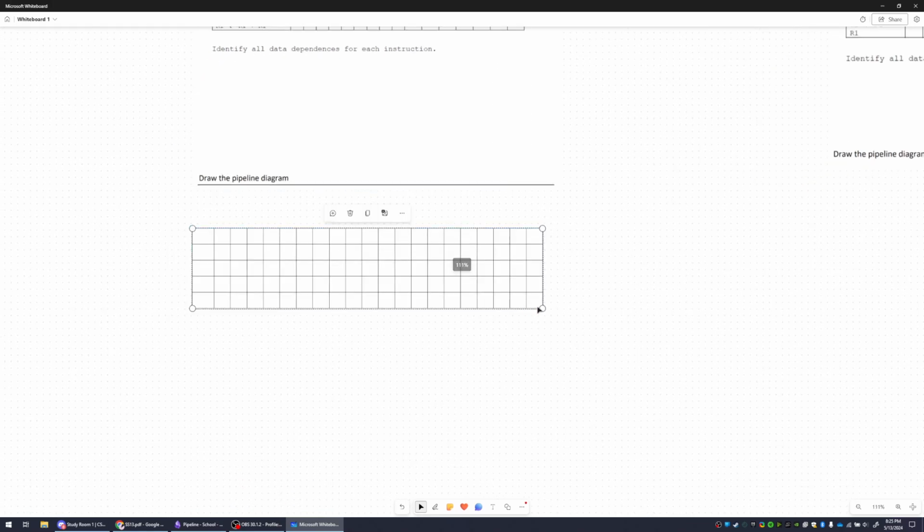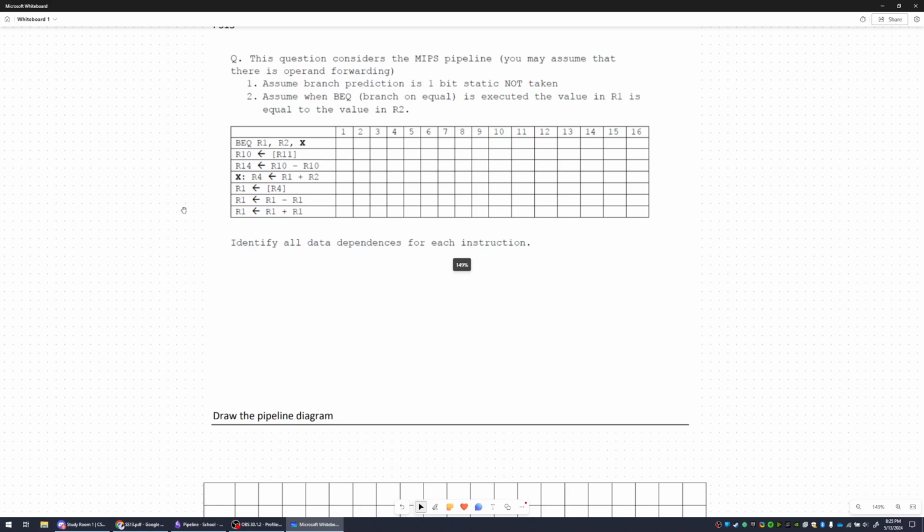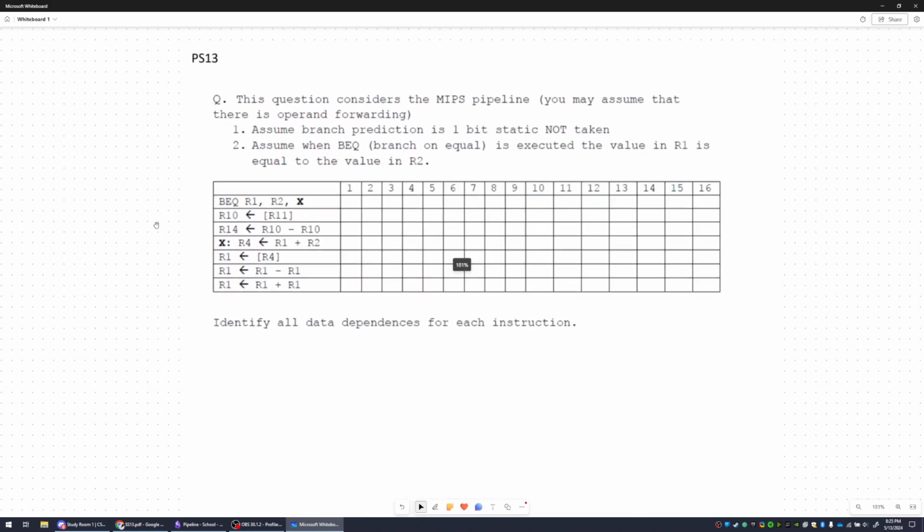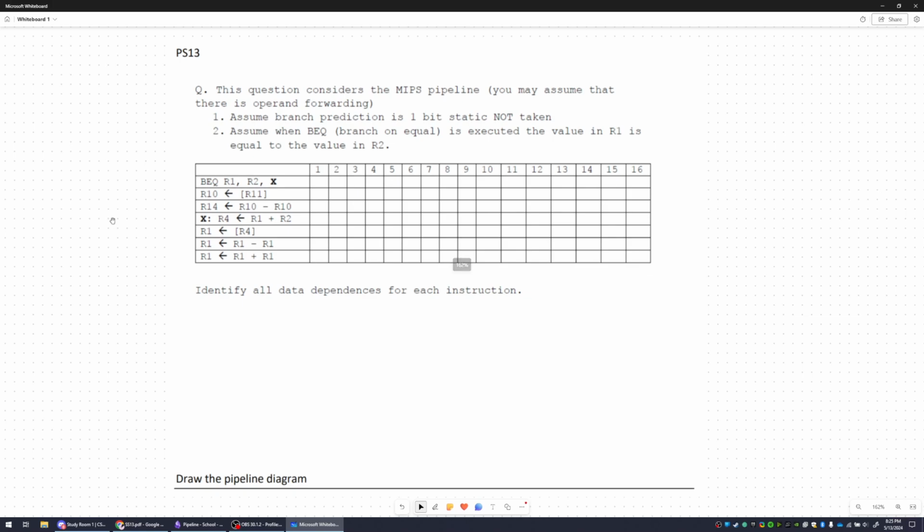Okay. So for this question, actually I can probably just try it here. Alright, the question considers the MIPS pipeline. There's operand forwarding.